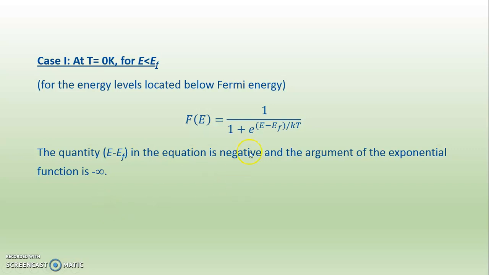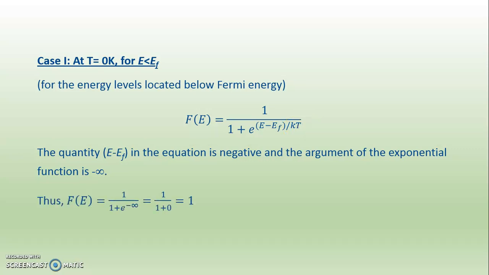See this, as E is less than EF, this difference will be negative, and the value of T is 0. So a negative term divided by 0 becomes minus infinity.